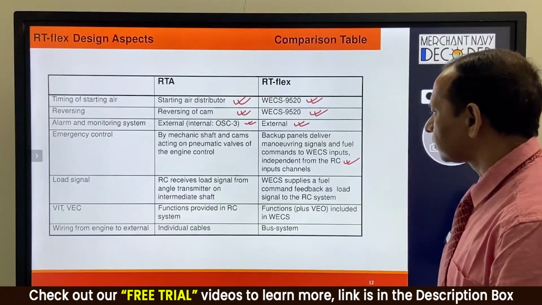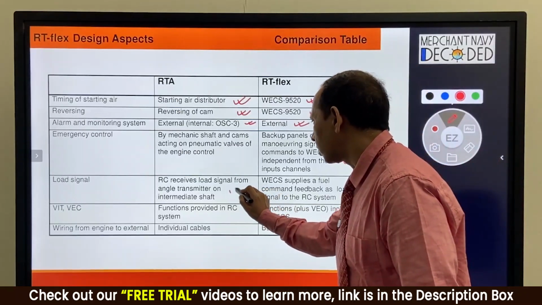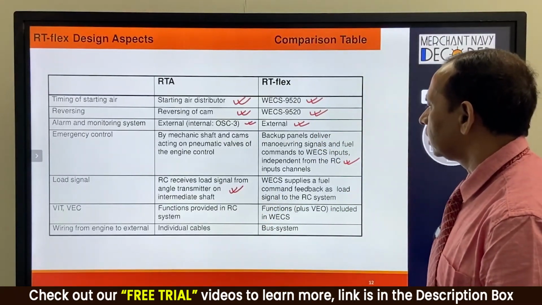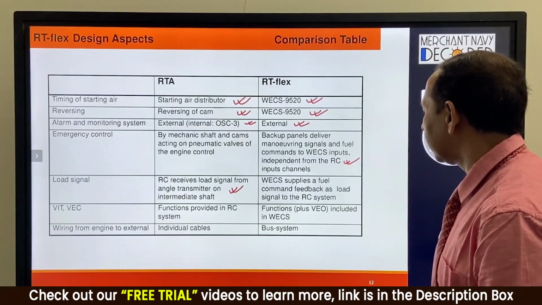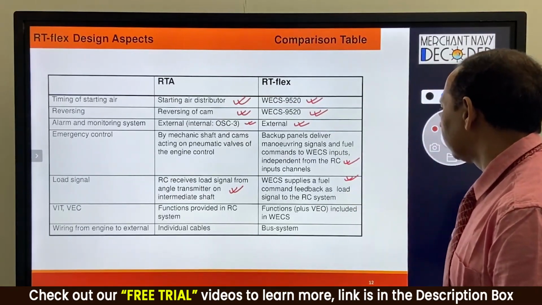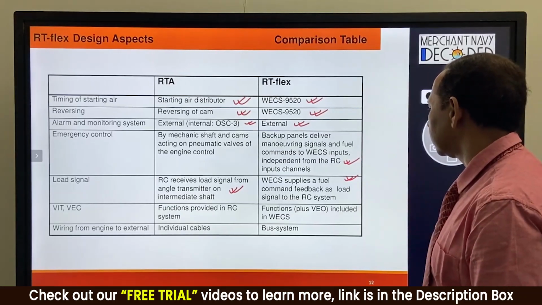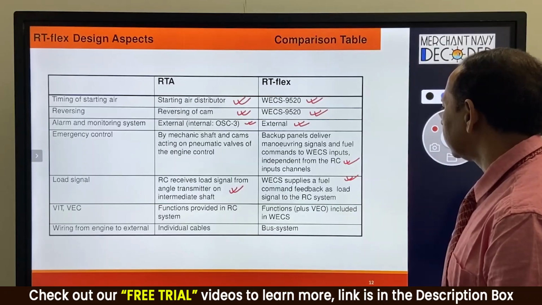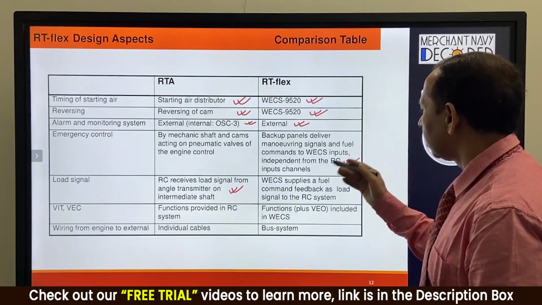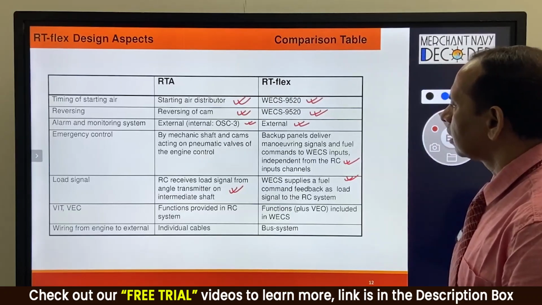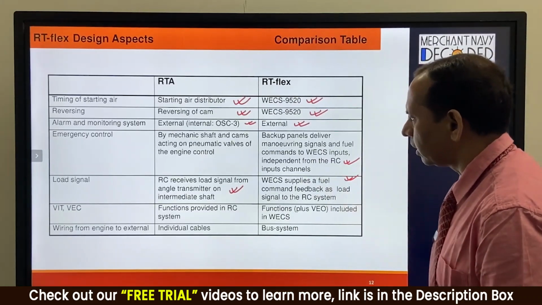Load signal, here remote control load signal from angle transmitter on the intermediate shaft, whereas here it is all by the VEX controller which is getting a signal from remote control, and the VEX controller is going to send a command so that the load will be changed, and that is how the engine load signal will be modulated.